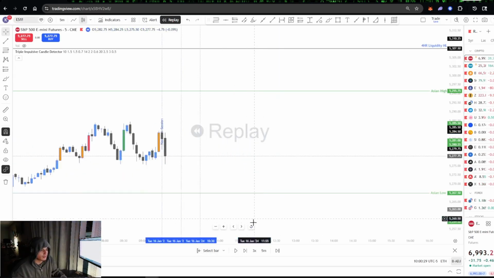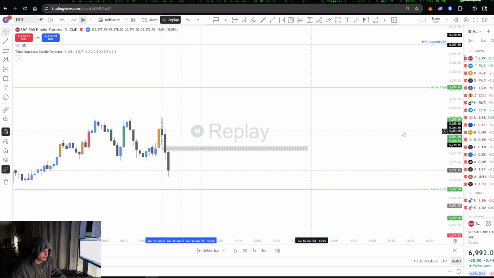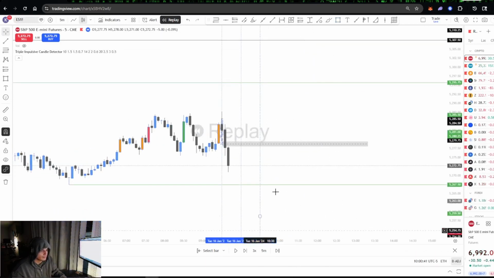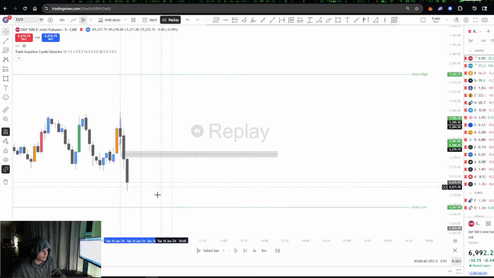Alright, market open right there. Okay, we see a fair value gap here. Small fair value gap, not gonna lie. So let's see if we're able to take the Asian lows real quick. Yep, we swept Asian lows right there. It retouched the fair value gap retracement and went through, so it's an inverse gap.